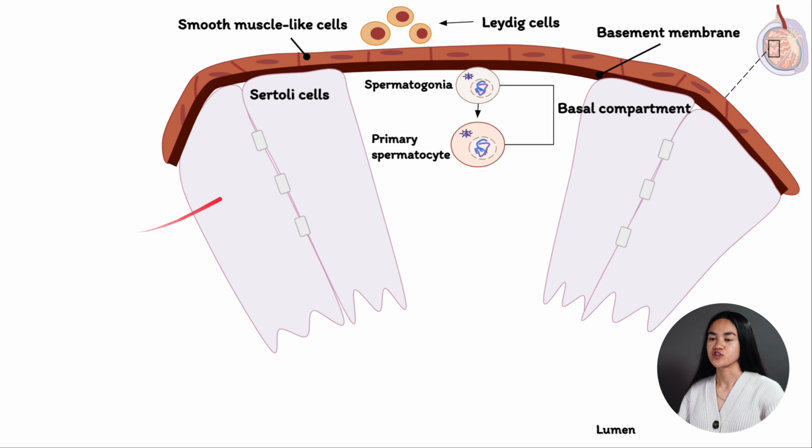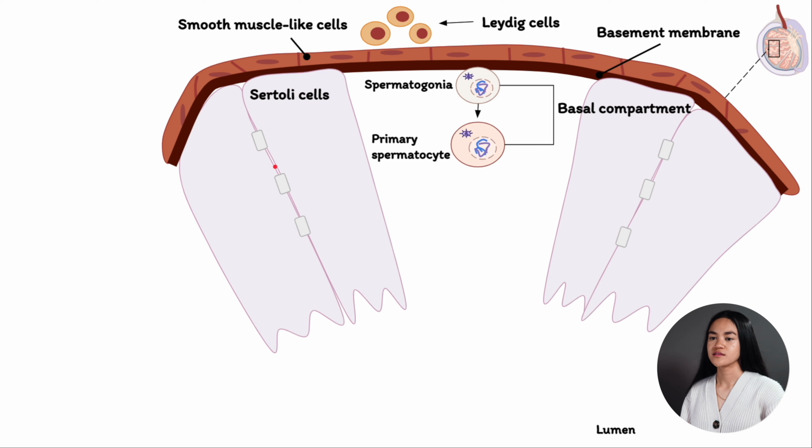So this tight junction is going to open, and they're going to enter the central compartment. And once they go through this tight junction, a new tight junction will form behind them.